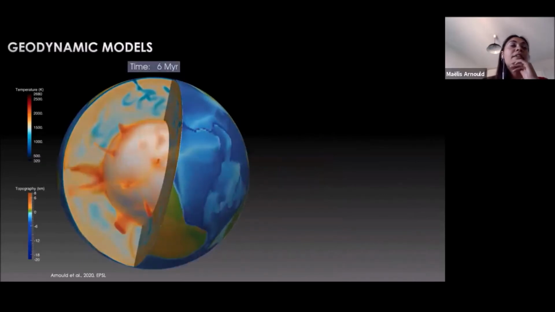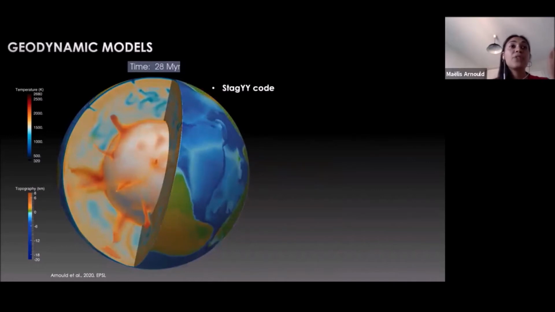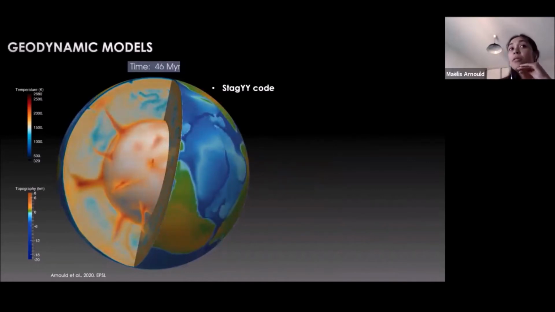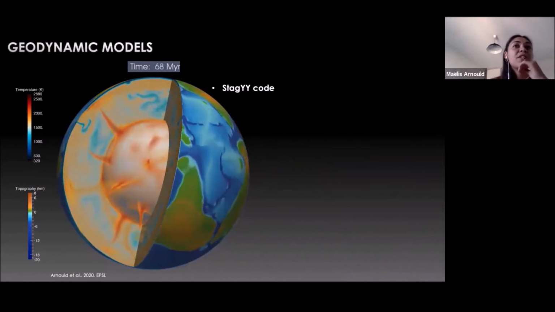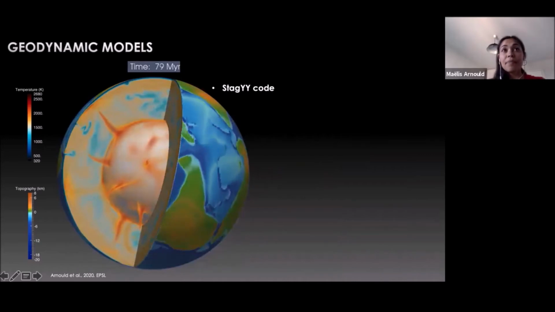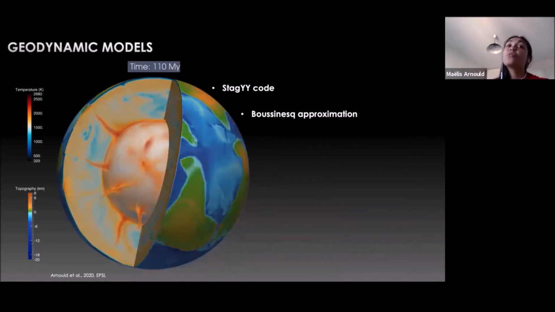So what we did is that we used the StagYY code, which is developed in Zurich by Paul Tackley mainly and his team, to model 3D models of whole-mantle convection like this one that you can see here. And we actually use the Boussinesq approximation to model convection.